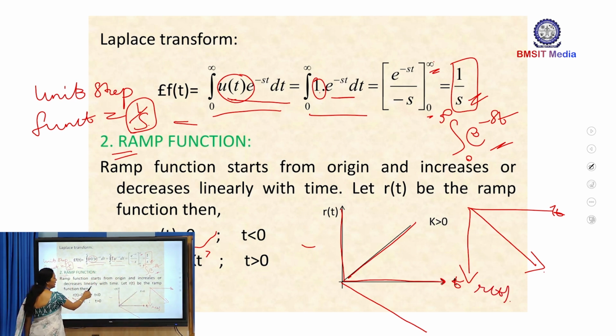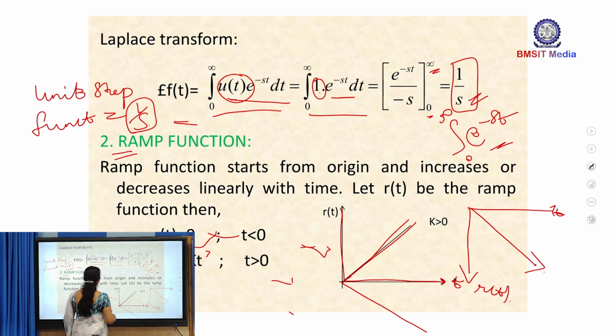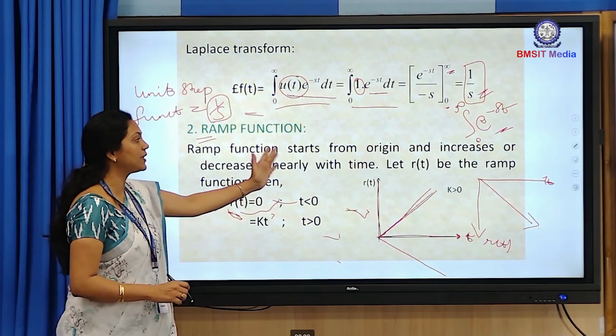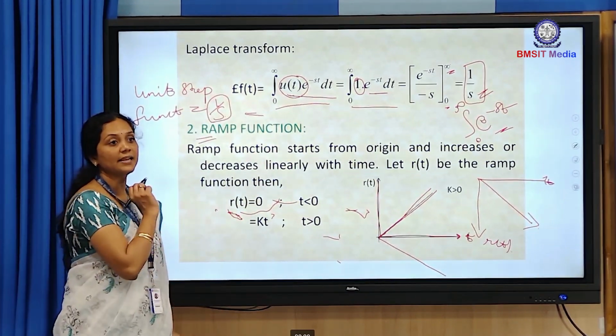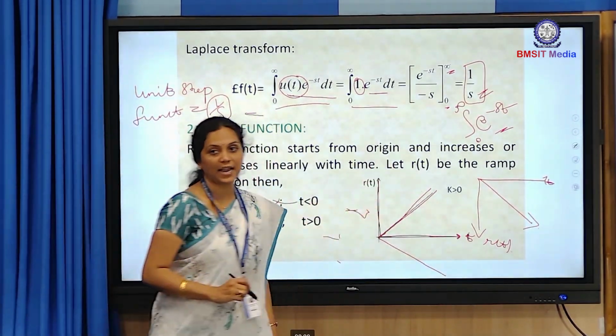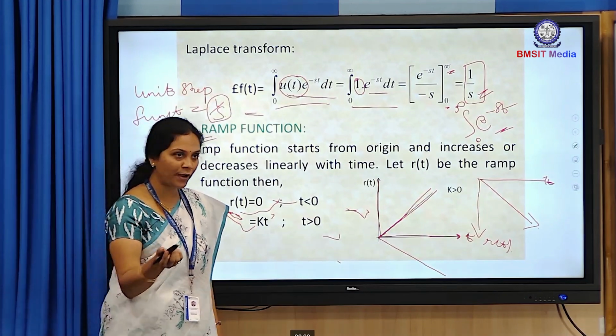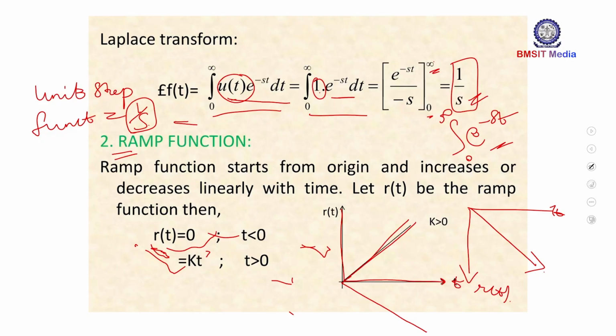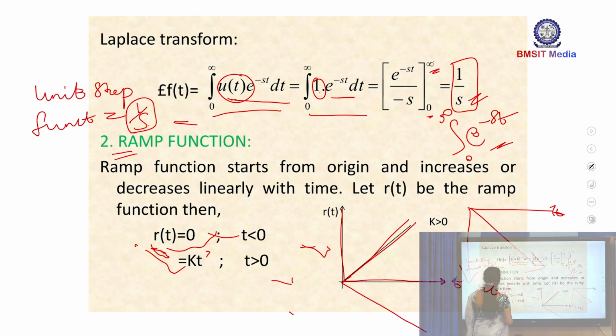So, increasing is this function and decreasing is this particular waveform. Here it can either decrease or increase linearly with respect to the time. Since it is saying linearly, we are drawing this as a straight line. If it was an exponential increase, we would do what we did in the previous function. So, let r of t be the ramp function.